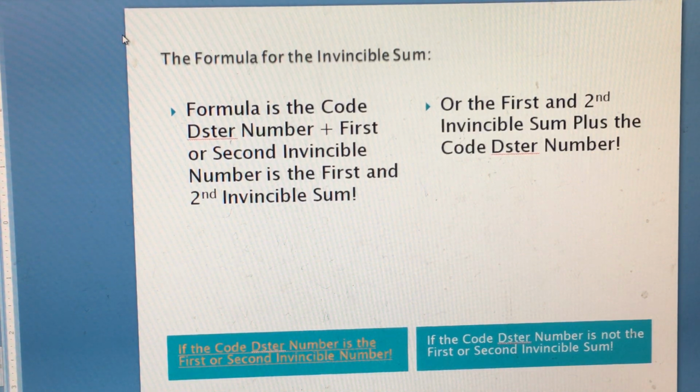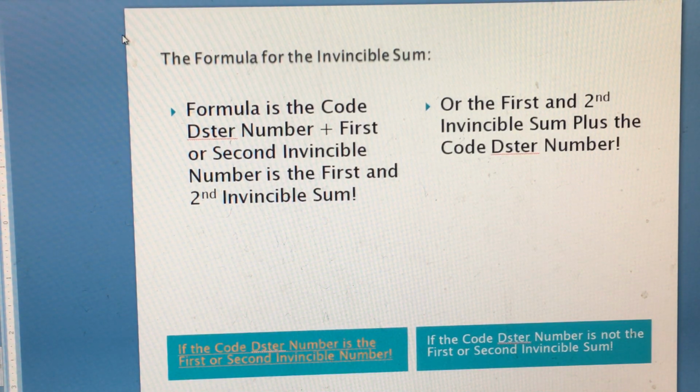That will give you the trio. Now, if the codester number is either the first or second invisible number, then the codester will be added to the first invisible number, or to the second invisible number. It depends on whether the codester is the first or the second, creating the invisible sum.